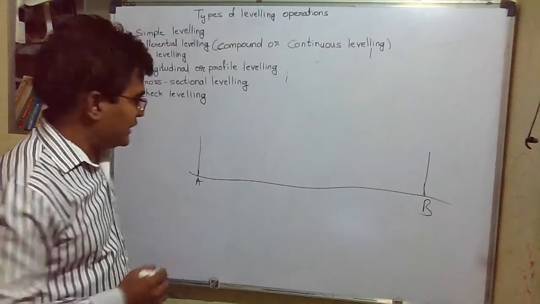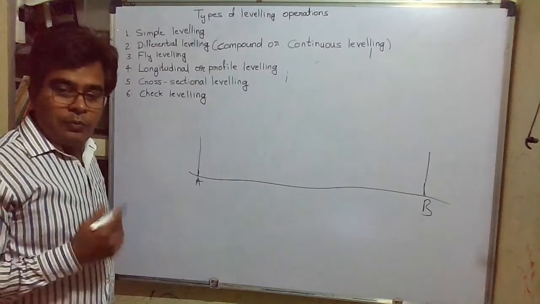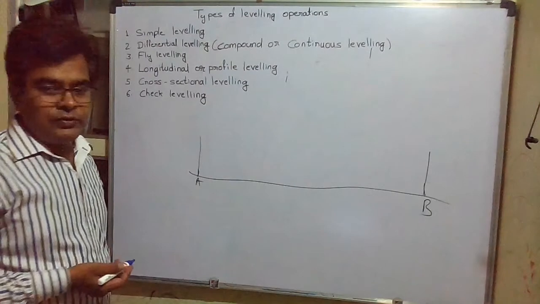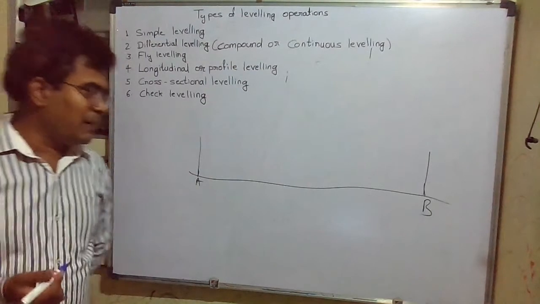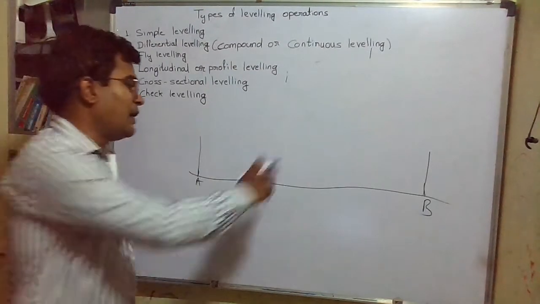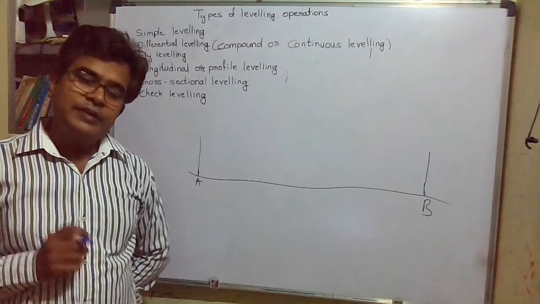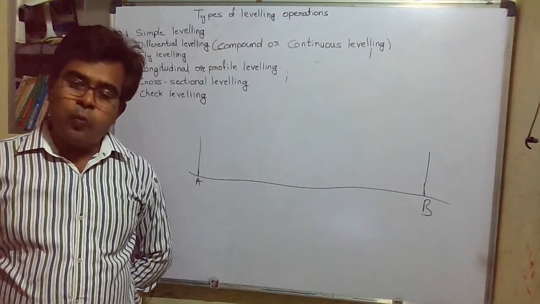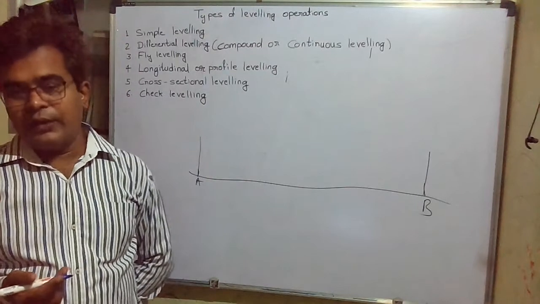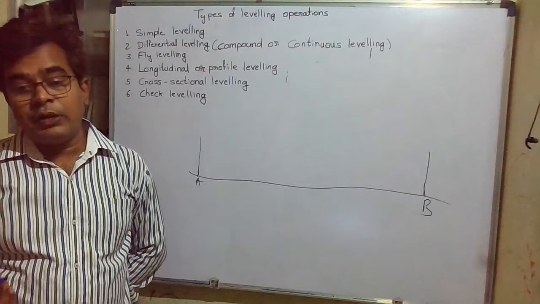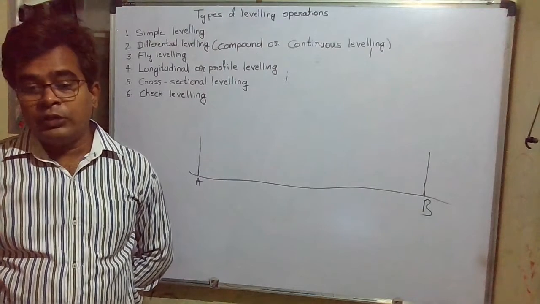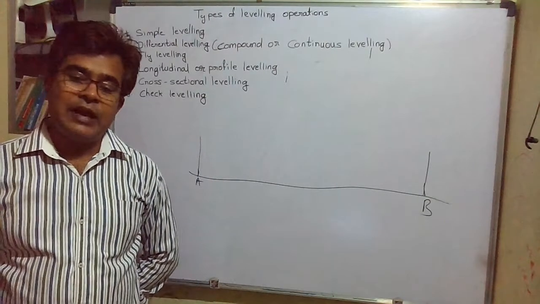Here we set up the level at a number of places, as it is not possible to take the reading as we did in simple leveling, by setting the level midway between them and taking the difference. In this case, we can go for a number of simple levelings, setting the instrument at a number of locations to take the difference at various points.